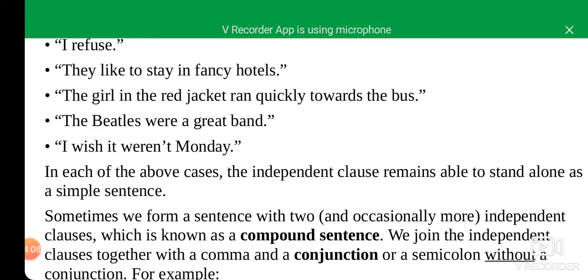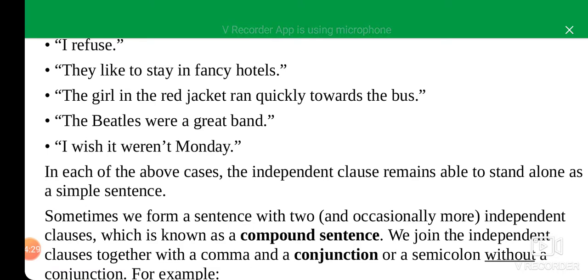Well, the girl in the red jacket is altogether the subject. Ran quickly towards the bus is the information about the girl in the red jacket, so it's the predicate. If we read this sentence again from the girl to the bus, we can understand what the speaker would like to mean.